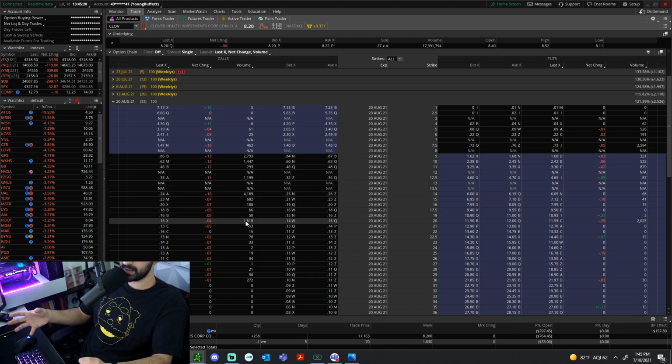A gamma squeeze says that if the call volume is really high, right? Let's say 40,000 people bought the $20 call. The person or the institution or the company who signed those contracts has to own that many shares to give out.